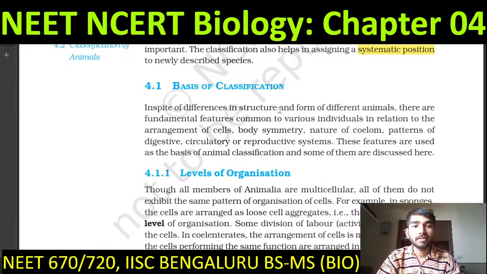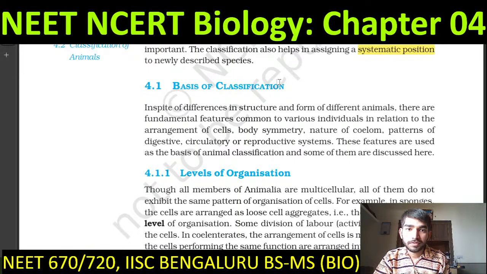So that is why it is very easy to classify animals or plants, but the later kingdoms took some time to be classified, and also the classification within the animal kingdom became quite complex when we discovered lots of diversity in this kingdom, coming from the ocean, coming from the different areas of the earth, of the biosphere. So then it became more challenging to classify them. We'll look at how a systematic approach was taken to classify them properly.